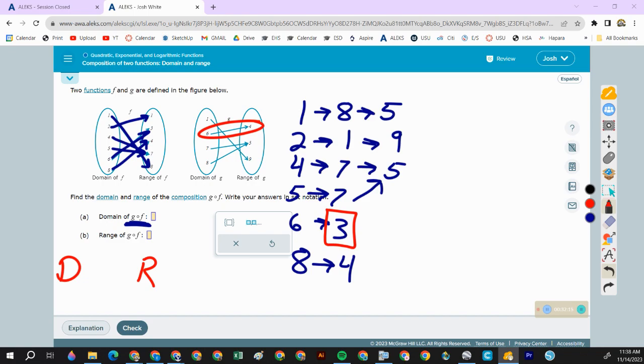Does that kid belong in our function? No, because we're only looking at middle schools on this part of Emory County, right? So yes, person 6 exists, but they live in a town that does not feed into one of our middle schools, so we just ignore them. They're not part of the function. So the domain is going to be that.